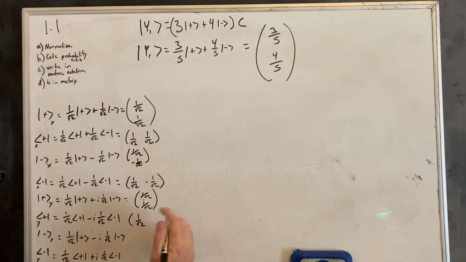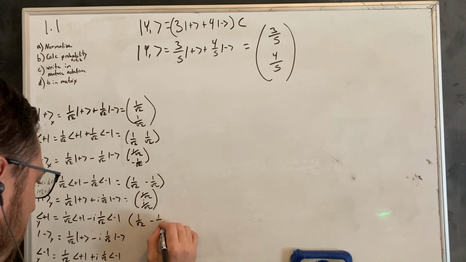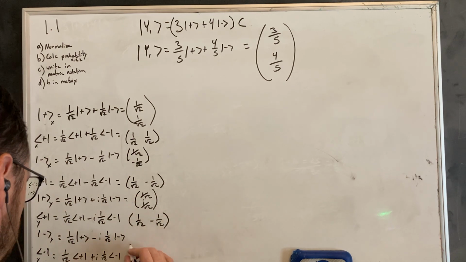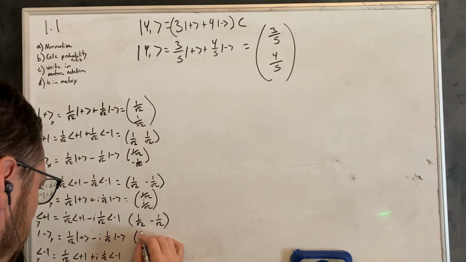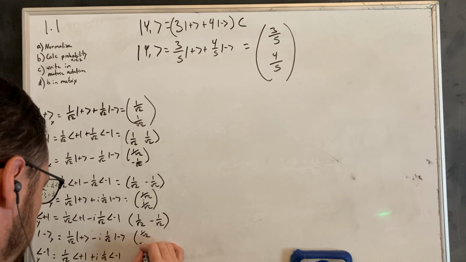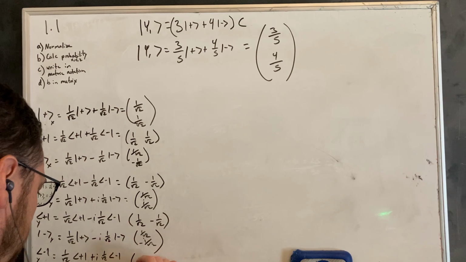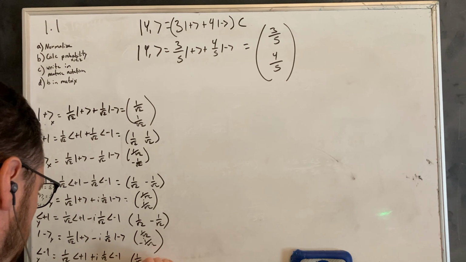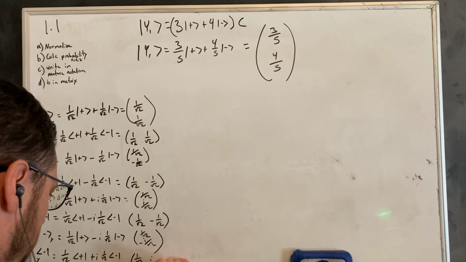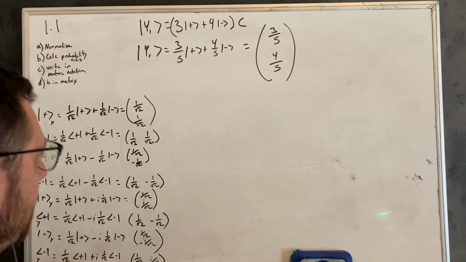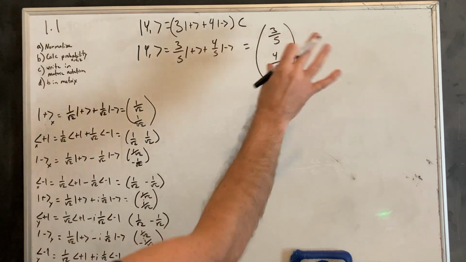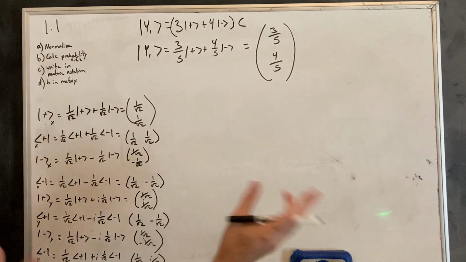And then this becomes minus i over root 2. And we have 1 over root 2, negative i over root 2, and then 1 over root 2, i over root 2. All right, so now that we have all those written out, we can do the same combinations here.